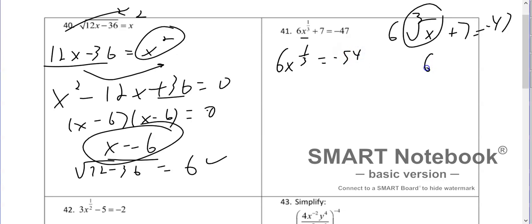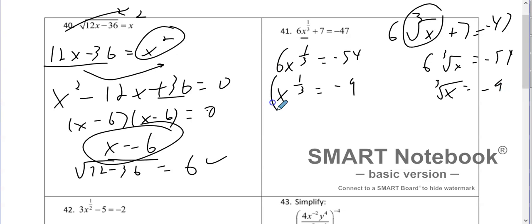Same thing here. It just would look like this. 6 cubed root of x equals negative 54. Now I got to get rid of the 6. So I divide. X to the 1/3 equals negative 9. Same thing here. Except it's going to be the cubed root of x equals negative 9.